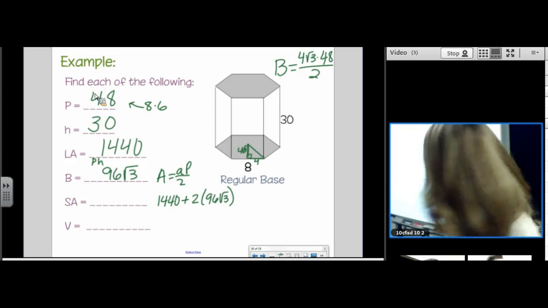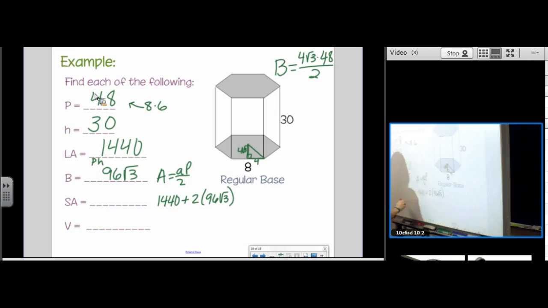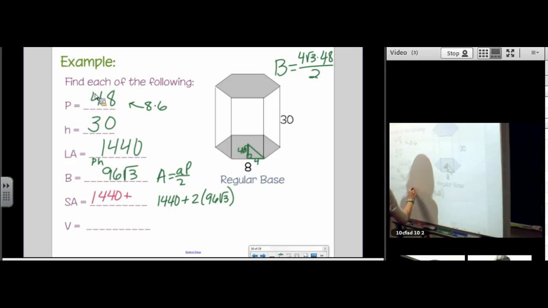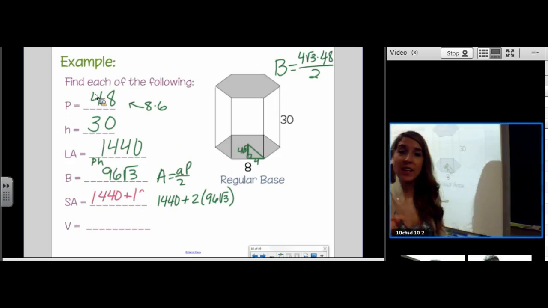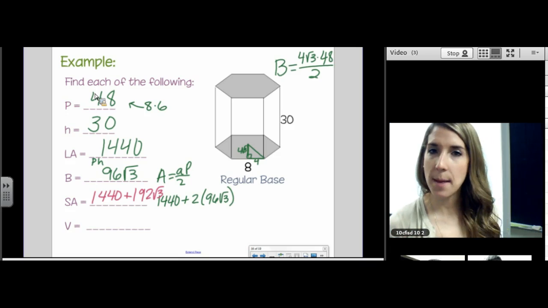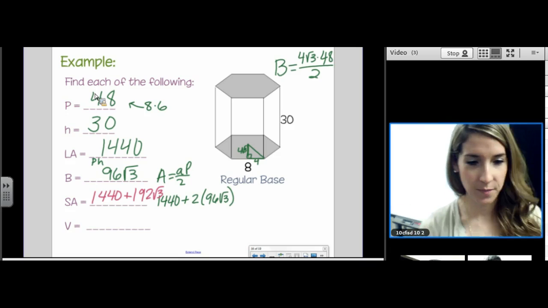Good, that was the right answer. So, it's 1,440 plus 192 root 3. And you are not even going to think about combining those into one number, are you? You're going to keep them separate because it's an integer and a radical.